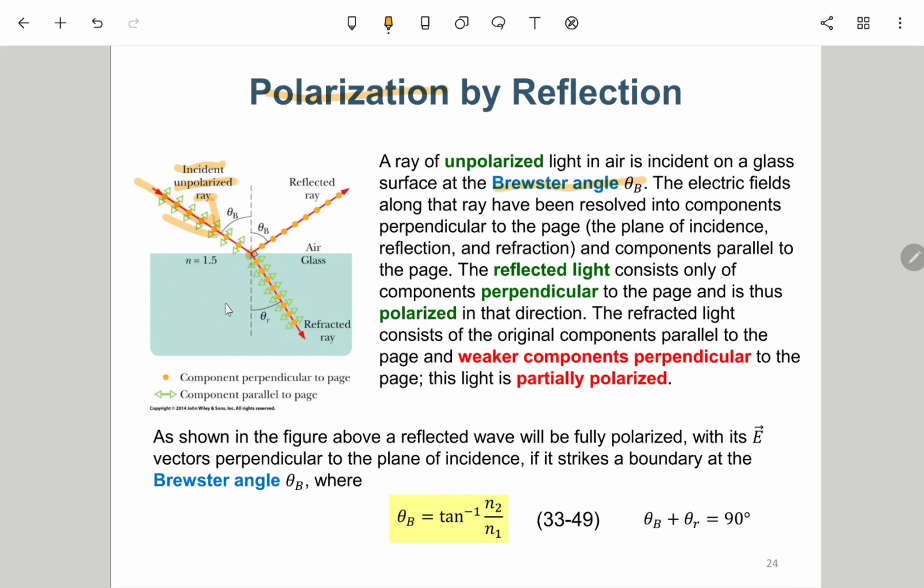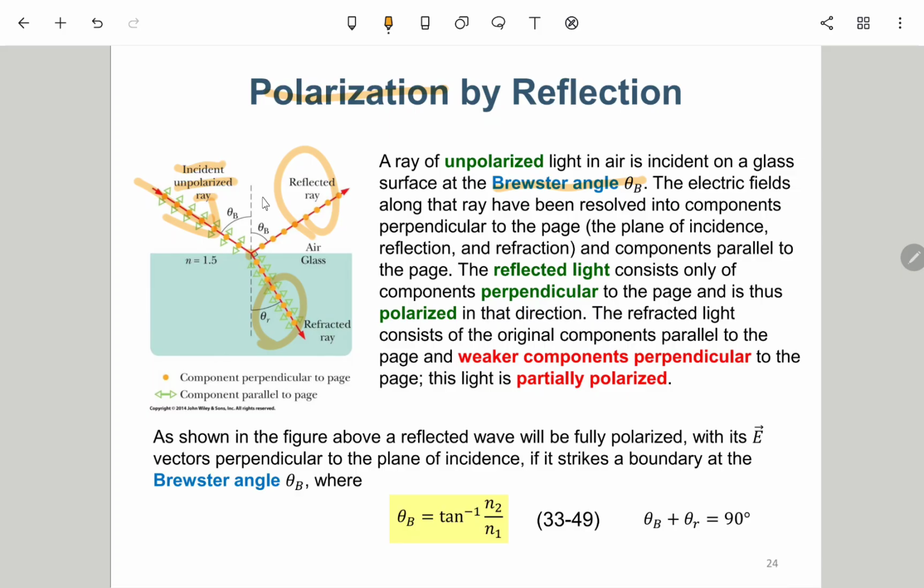The refracted angle of course also follows Snell's law, N1 sine of theta 1 equals N2 sine of theta 2. But the interesting thing is, only the reflected wave will be polarized. Only the reflected wave will be polarized. But the refracted wave will be partially polarized.